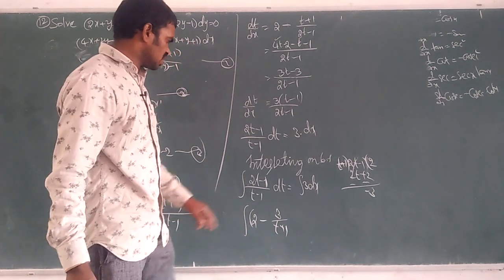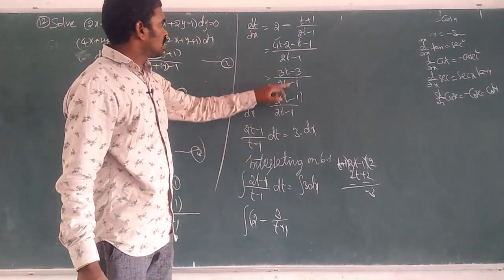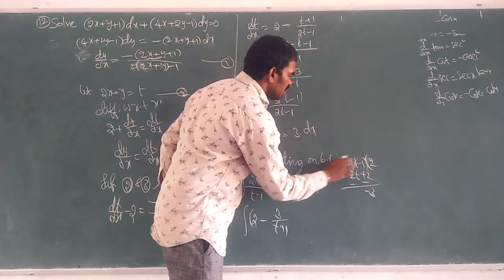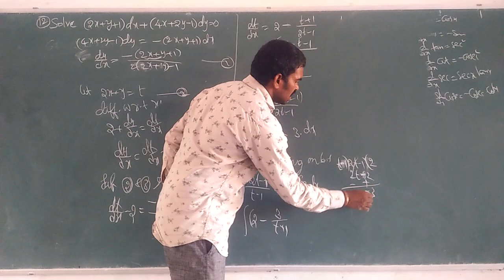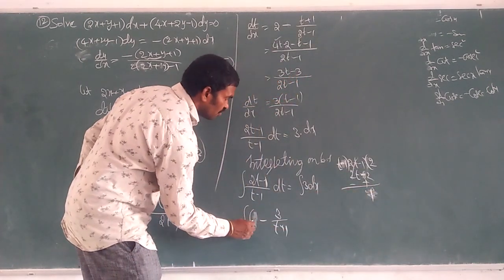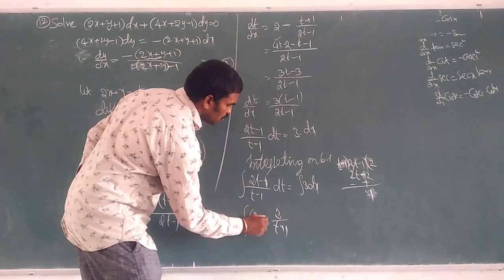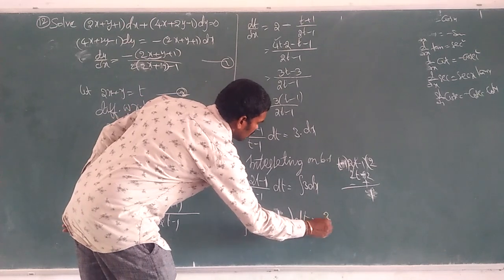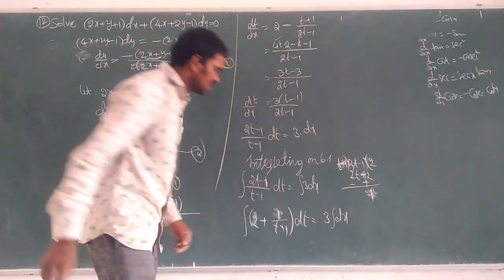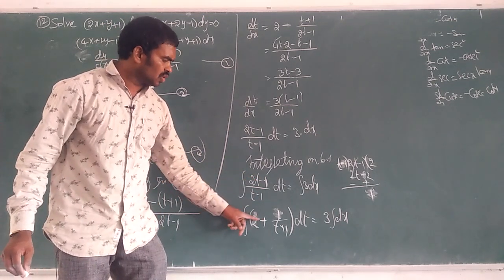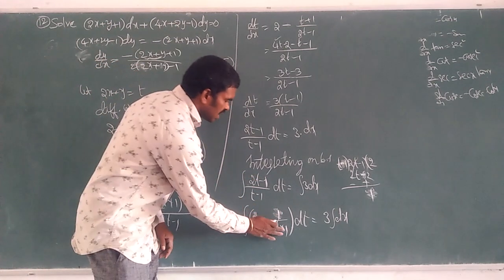Is it 2 plus 1 or minus 1? Minus 1 is there. So 2 into −1 is −2, it becomes plus, so plus 2 − 1 is 1. So (2 + 1/(t − 1)) dt is equal to 3 dx. See, very simple: (2t − 1)/(t − 1) is written as 2 + 1/(t − 1).